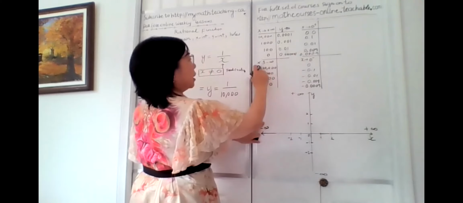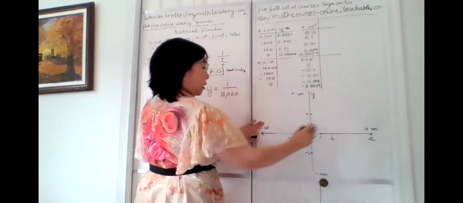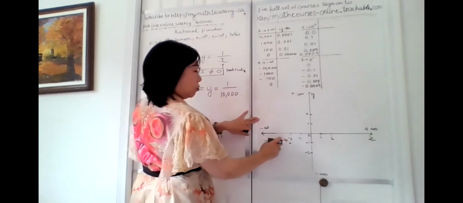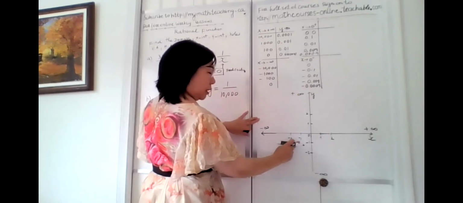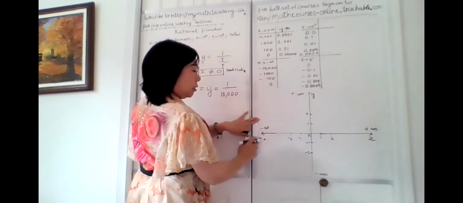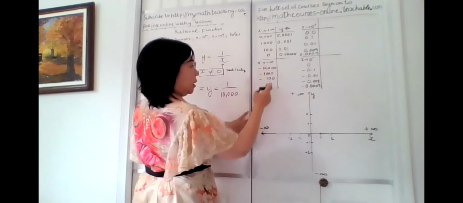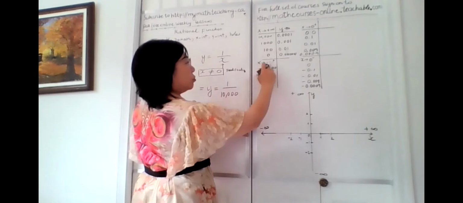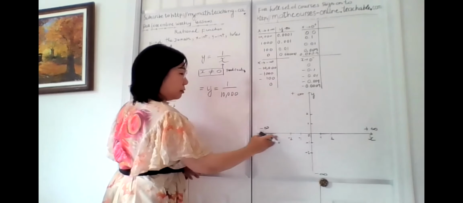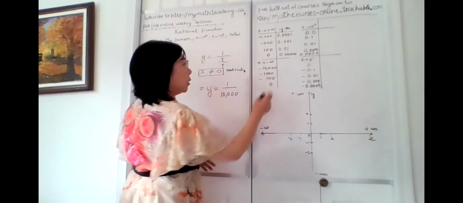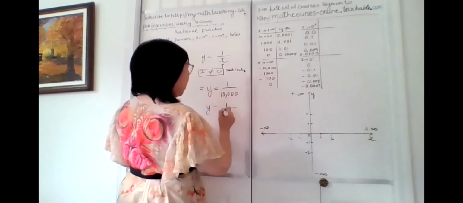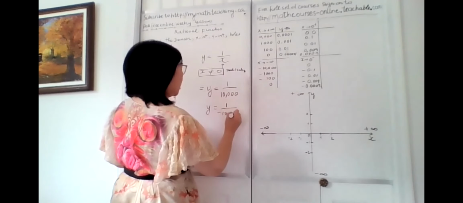Now, what if the x approaches negative infinity? It means this side, right? When the negative number gets very large. So we have -2, smaller than -1, and smaller -3, and then -100, -1,000, something like this. So when x approaches negative infinity, on this number line here, then we have y equal to 1 divided by -10,000.